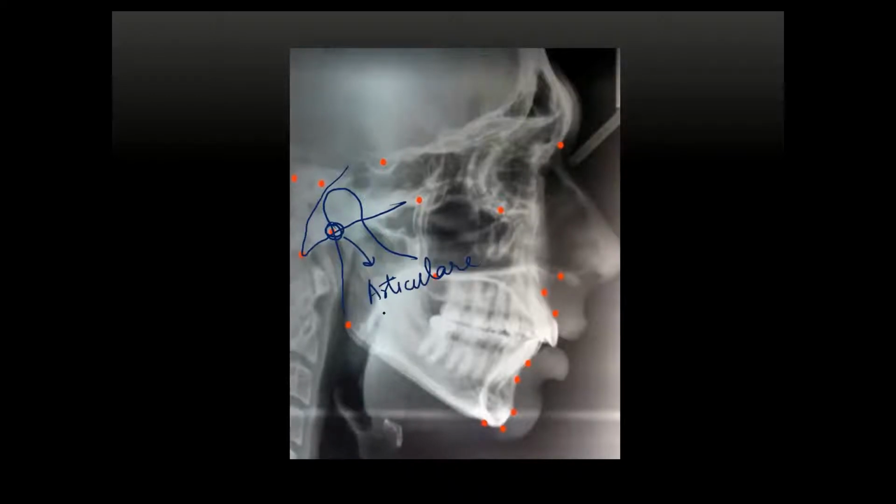Then we draw the inferior auditory meatus. The highest point on the cavity of the inferior auditory meatus is called porion. When you connect porion and orbitale, this is called the FH plane. Now what is this point? This is the center of sella turcica.